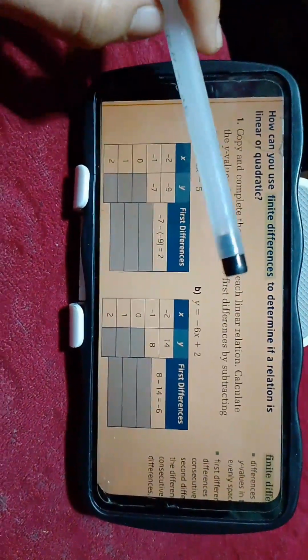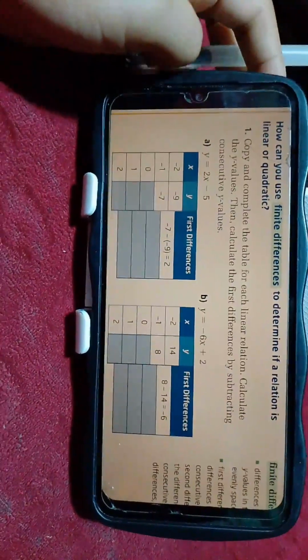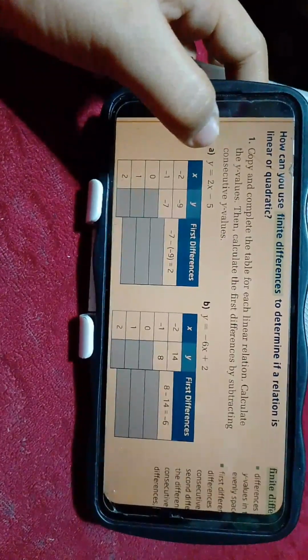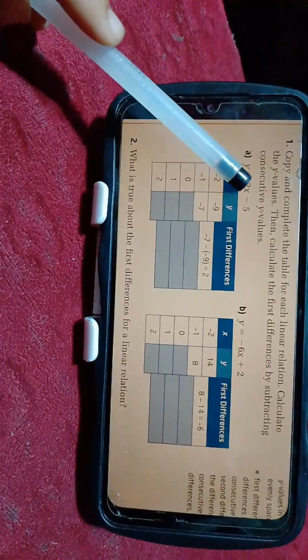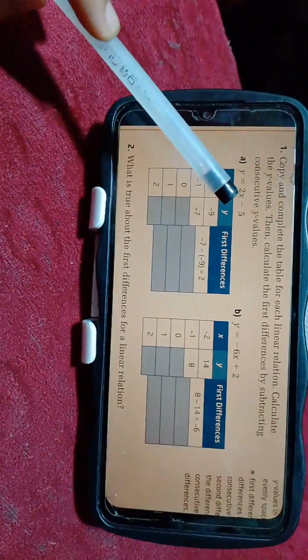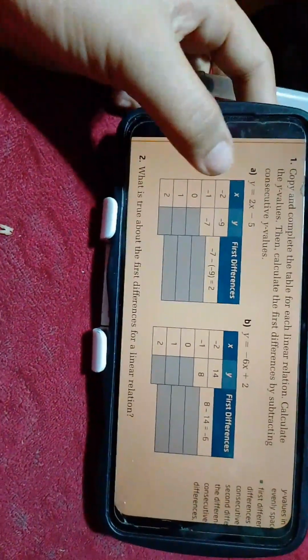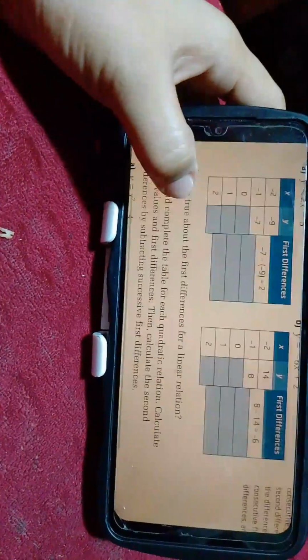Now let us proceed to how you can use finite differences to determine whether a relation is linear or quadratic. If the equation has only x to the first power, that is linear. But if it has an x squared, that is automatically a quadratic relation.